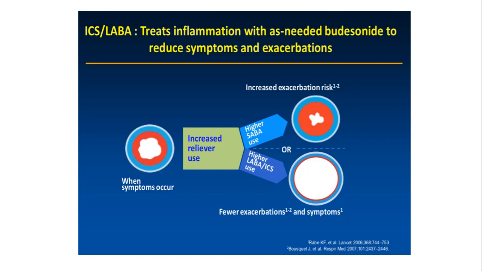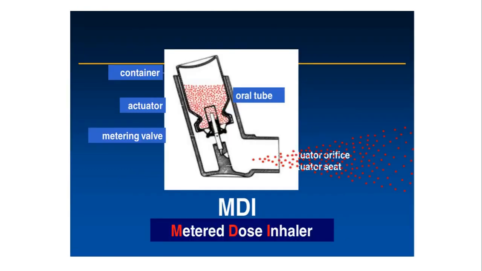It will sometimes cause tachyphylaxis of the receptor, and therefore lead to poor outcome. So LABA alone has a black box warning and is not recommended to be given alone. It must be given with ICS. And here this is the MDI, metered dose inhaler, for giving either inhaled steroid or inhaled bronchodilator.